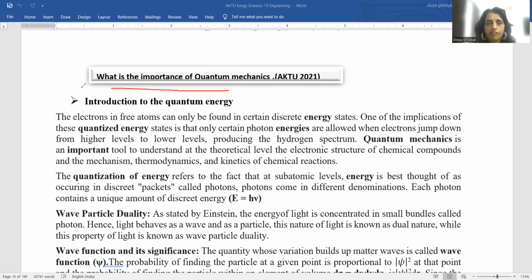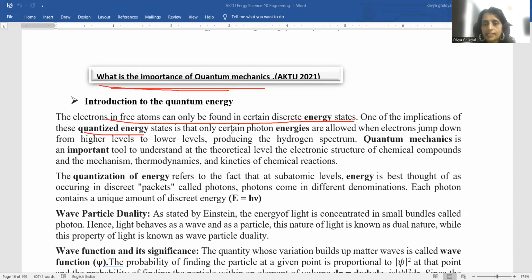So this is very, very, very important quantum mechanics, because quantum mechanics proved that energy in free atoms can only be found in certain discrete energy states, which are known as eigenvalues or eigenfunctions, and they are quantized.